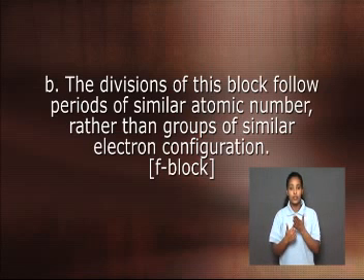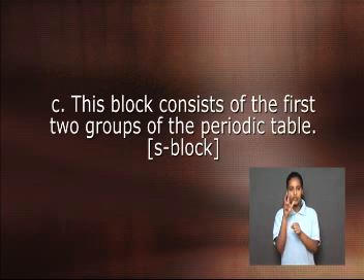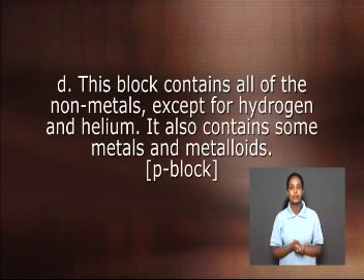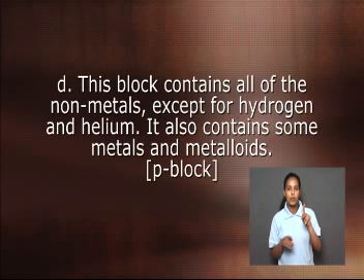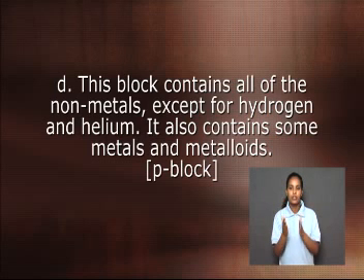This was description B. The S block consists of the first two groups of the periodic table, which was description C. Finally, the P block contains all of the non-metals except for hydrogen and helium. It also contains some metals and metalloids. This was description D.